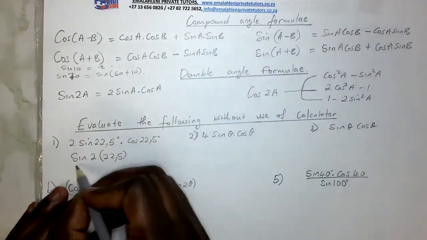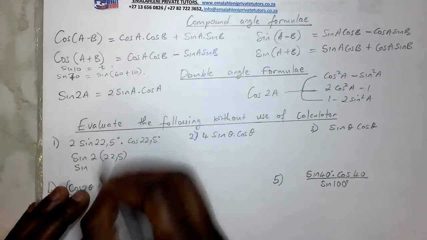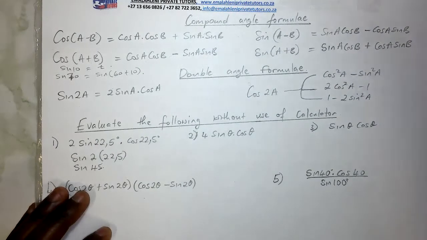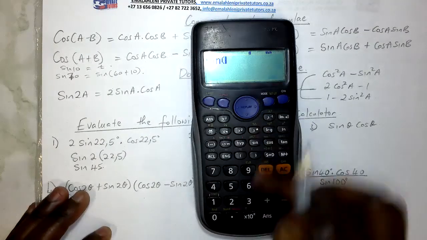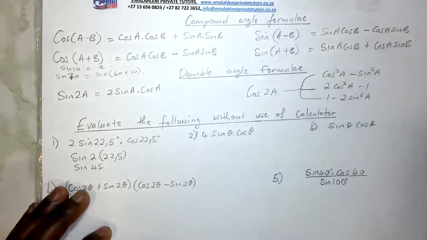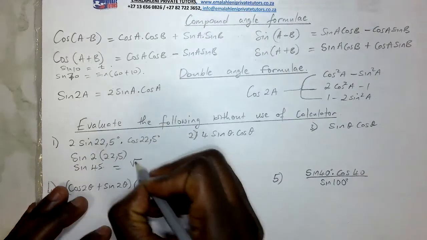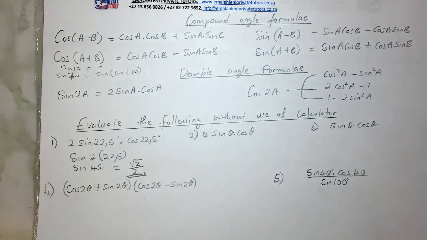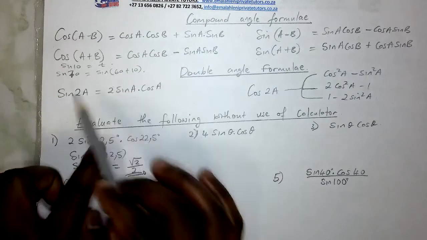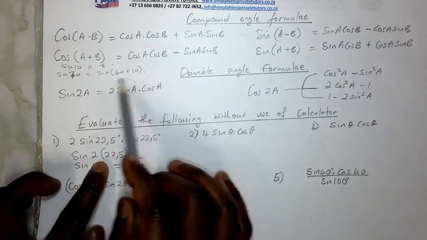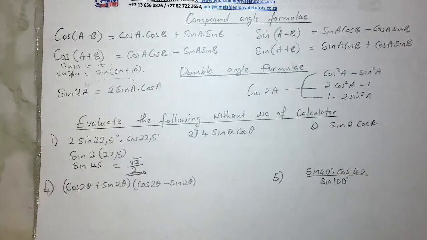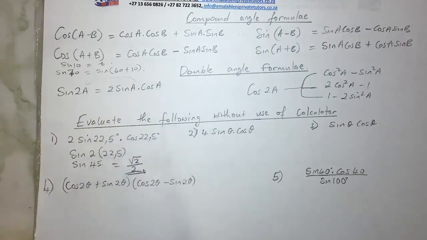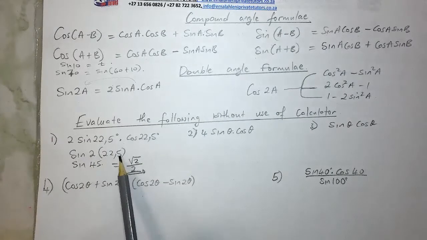So here we're going to have sine 45, and we know that sine 45 is a special angle. Sine 45 is root 2 over 2. So this gives us root 2 over 2. That becomes our answer there. Can you see what we did there? This is the reverse: you are coming from this to sine 2A, and your A here is 22,5. That's why we're saying sine 2 times 22,5.